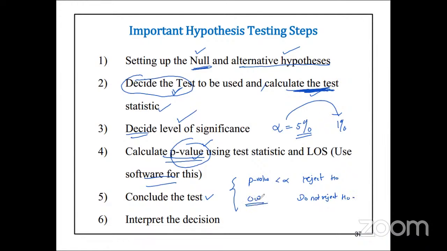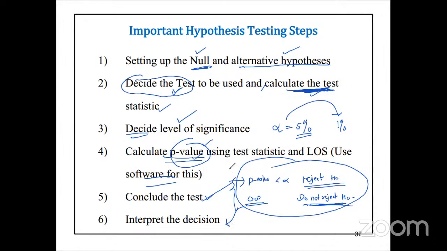So this is your conclusion. Whatever your decision, whether you are rejecting H0 or supporting H1, based on your decision you interpret and conclude in terms of your research problem. So interpret the decision of the testing of hypothesis.